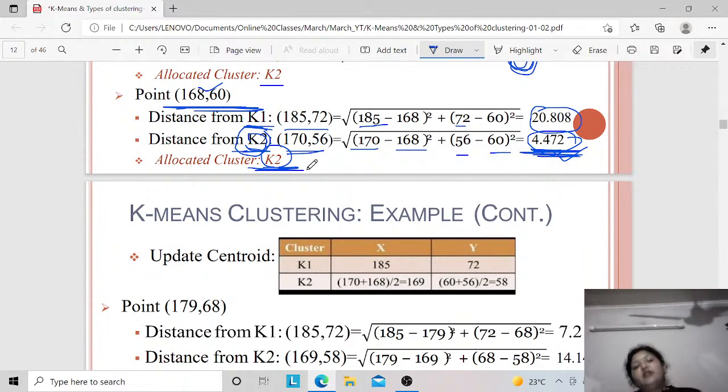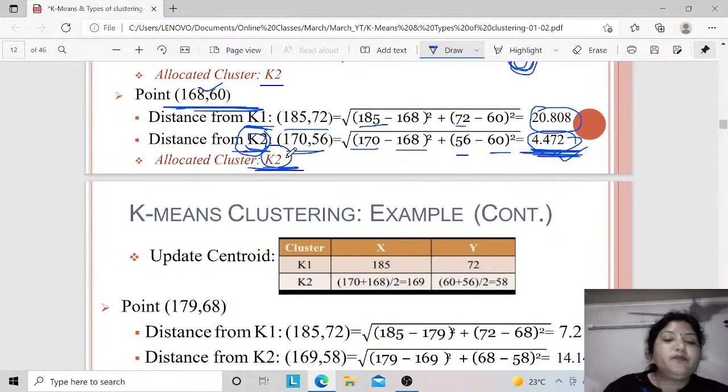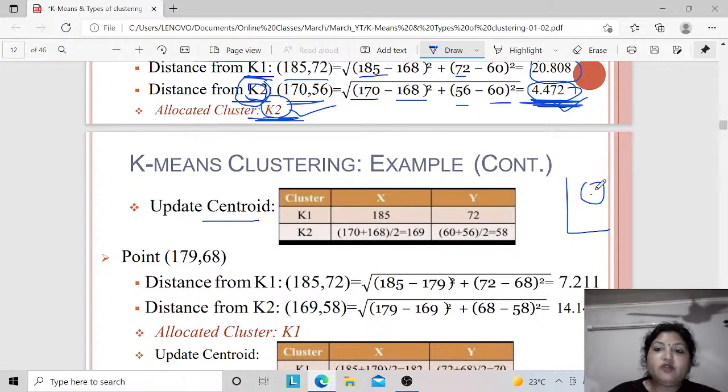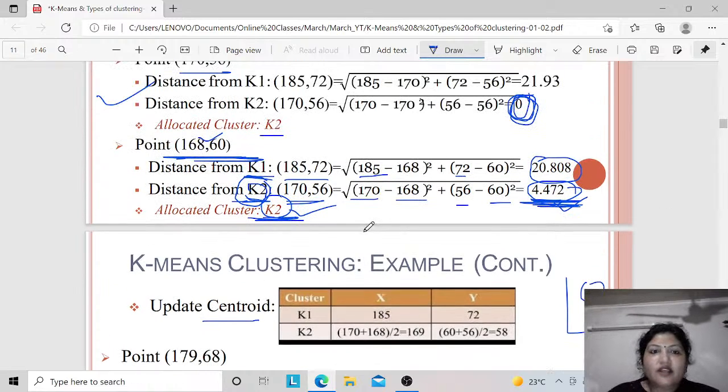Now whenever you add any point into a cluster, when this point is falling under cluster 2, that means your cluster centroid will be updated now. How? Because now in your cluster there are 2 points. Now here you have to update your cluster point. How do we find the centroid of this?